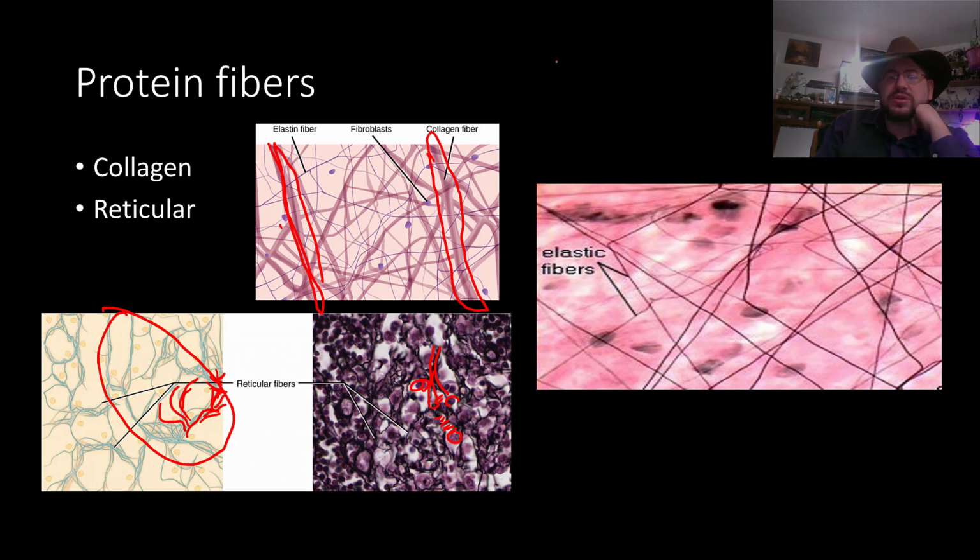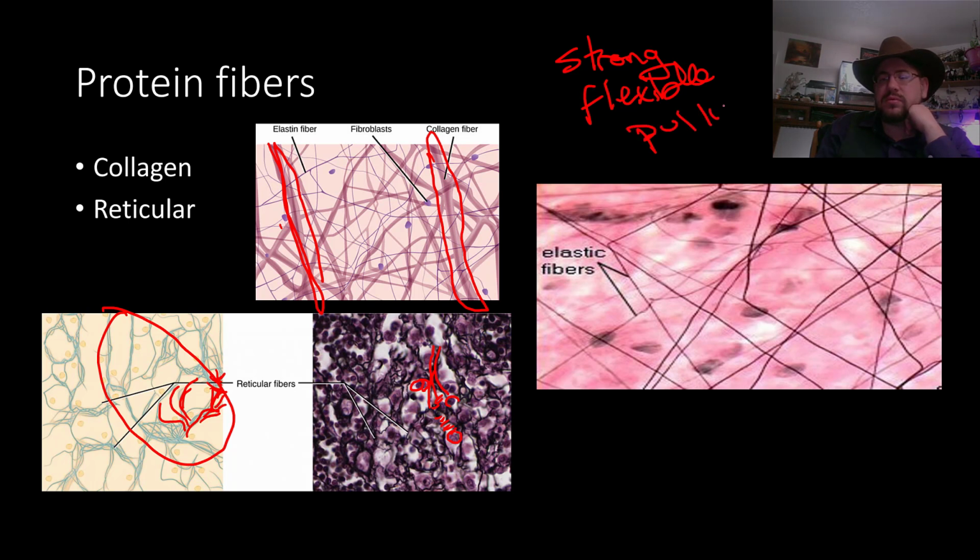So collagen, strong and flexible, and resists pulling, whereas reticular, thin, branched, and it forms a fine mesh. So, good for supporting various types of structures.